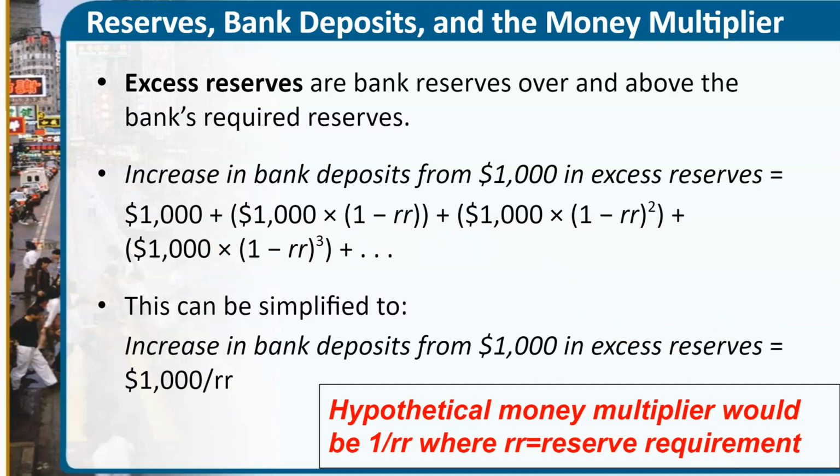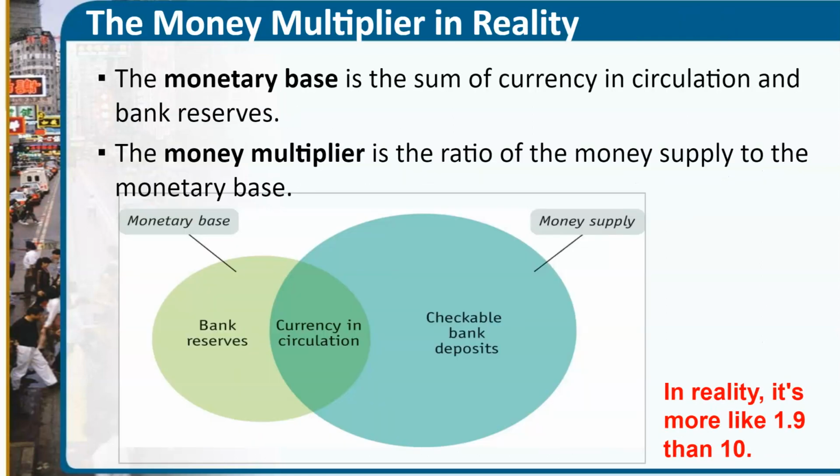Now remember, he had it under his bed where it was only $1,000 in the money supply. Now it's $10,000 because of the money multiplier, and that adds to the money that is out there in the money supply.